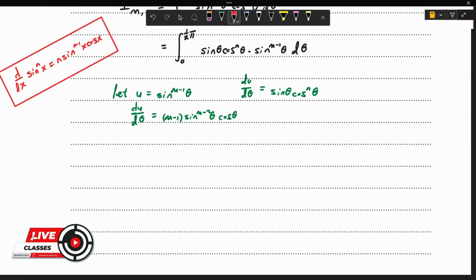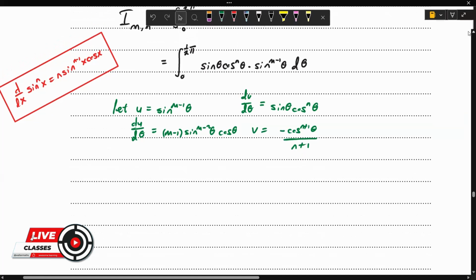All right, and here we will get v, all right? Integrating this, we know already that it gives us minus cos to the n plus 1 of theta over n plus 1 as we got earlier.